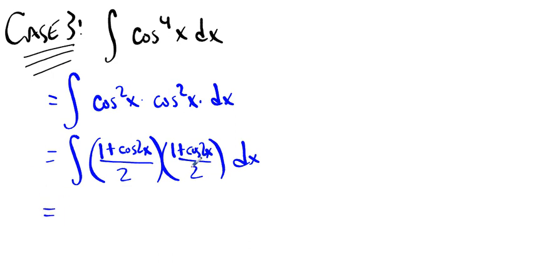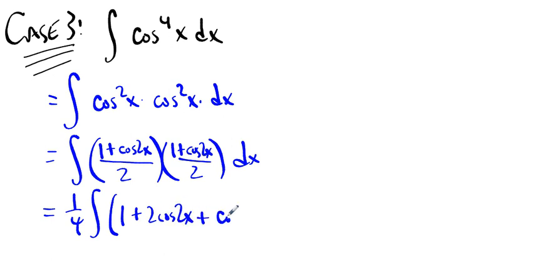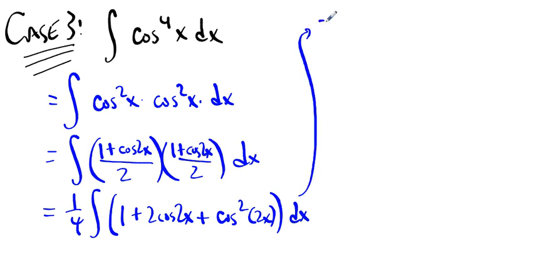Going to do a couple of things. Going to pull out the 1/4 because that integral symbol is a semi-permeable membrane. And what have I got in here? 1 plus 2 cosine 2x plus the cosine of 2x squared. That in itself is a double angle substitution.